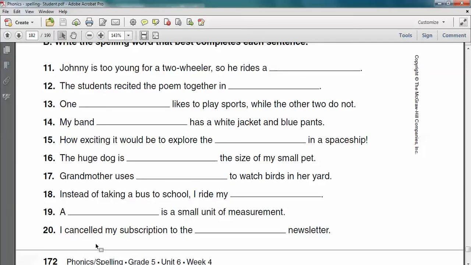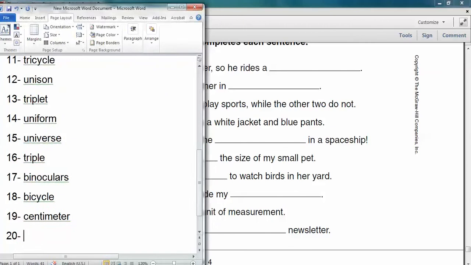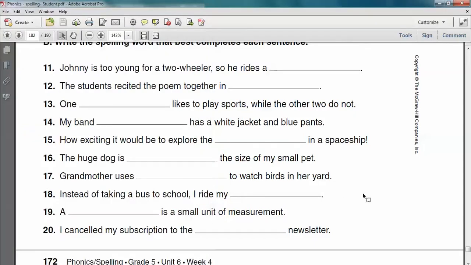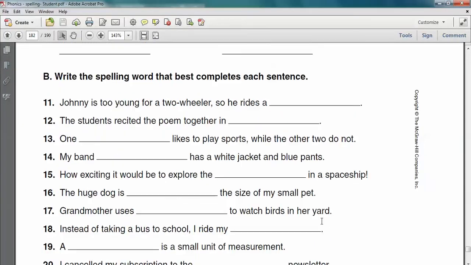The last one, I cancelled my subscription to the what newsletter? A newsletter that is published every 2 weeks. Yeah, it is bi-weekly. And that was the last one for the second exercise.